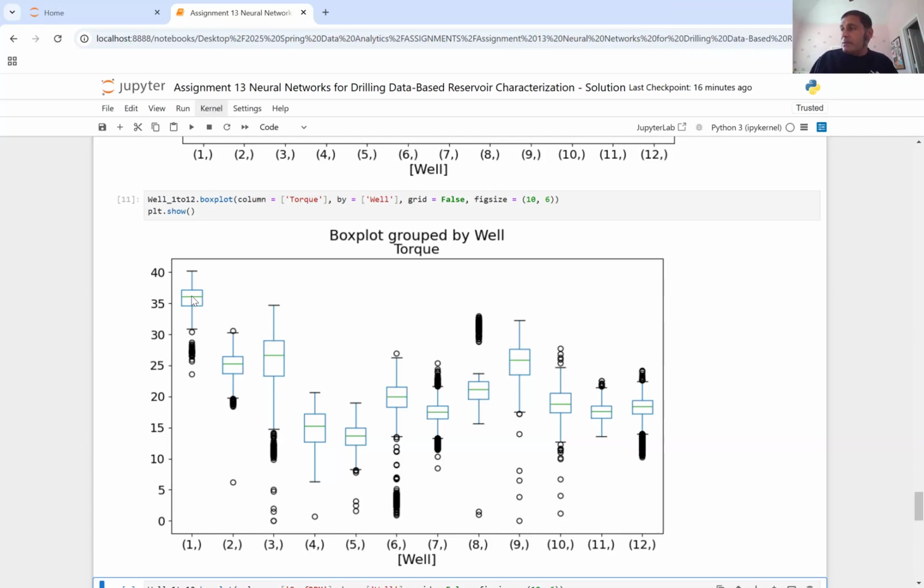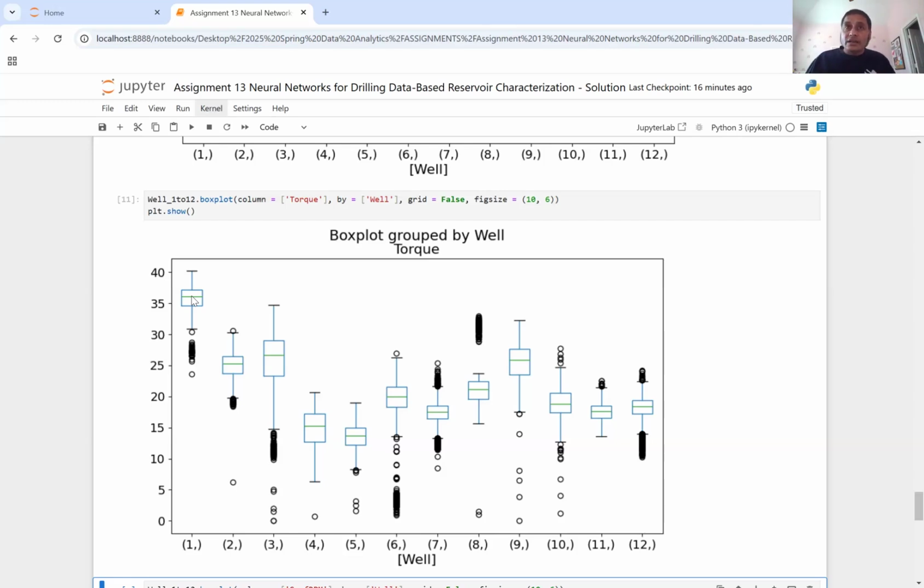And so perhaps it may be warranted to remove well one from this data set, because that unusually high torque value could be because of maybe poor wellbore cleanup while drilling. If the cuttings haven't been removed, that can lead to high torque values.